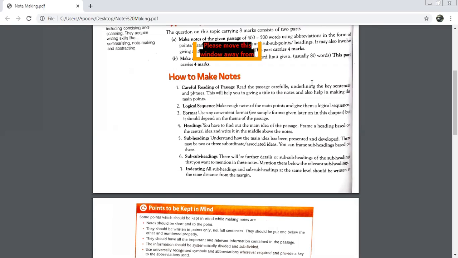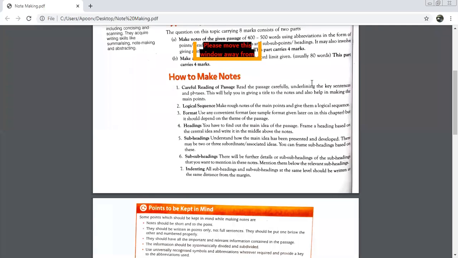Aisa nahi hoga beta. If there are 7 or 8 paragraphs, every paragraph has a central idea, main thing that the person is trying to say. But at the end, out of those 7, 8, 5 or 4 or 6 will indicate the same thing, directly or indirectly. So understand that that is the central idea of the passage.